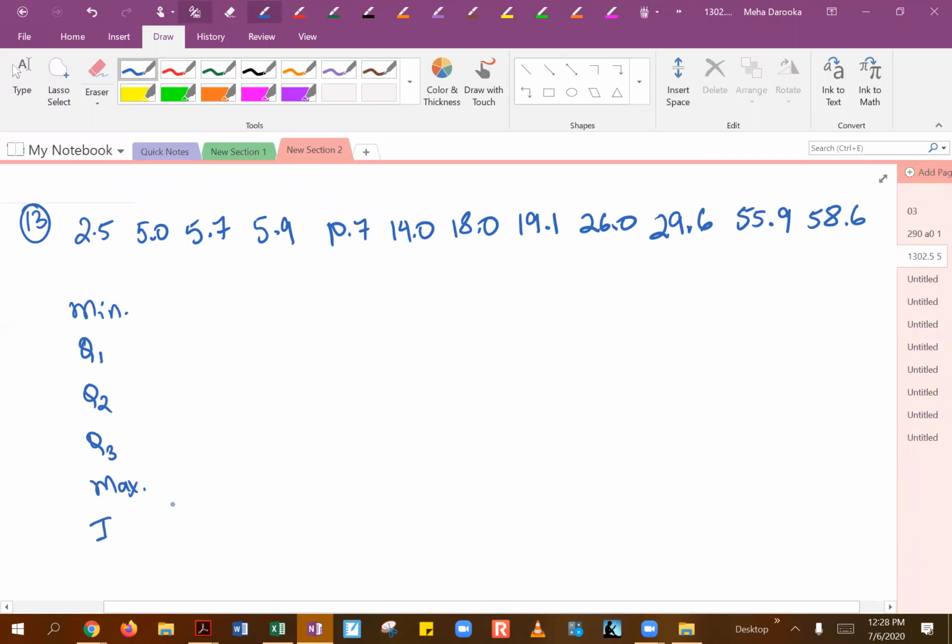And of course, we'll need the IQR also. Of course, we know the minimum is going to be 2.5, maximum is going to be 58.6.